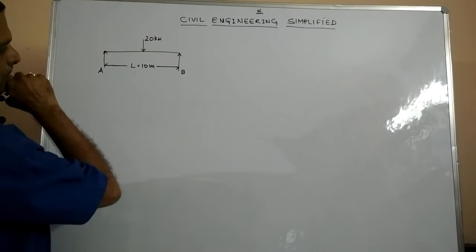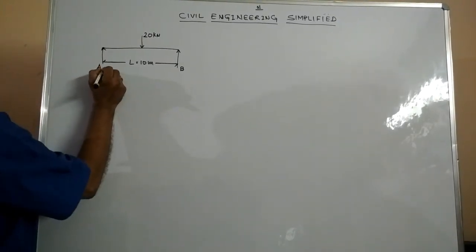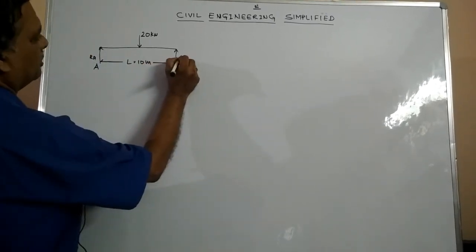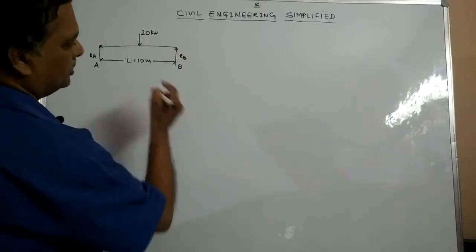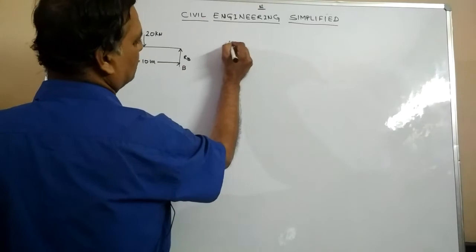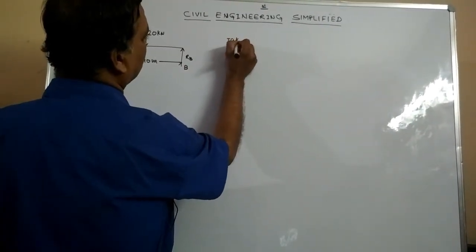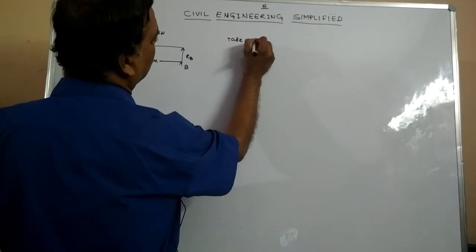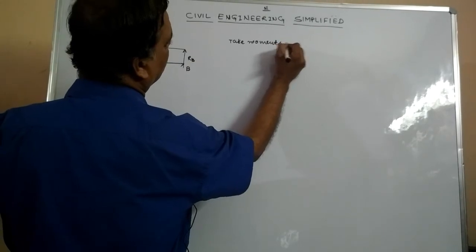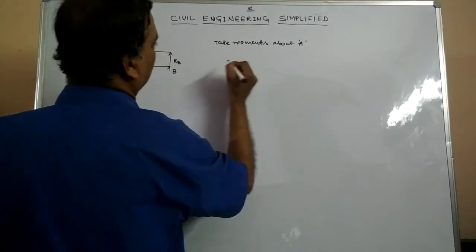So the first step is to calculate the reactions RA and RB. This has been explained in the last lecture, so I will not spend much time on finding these reactions. Take moments about A, and I'll find RB.